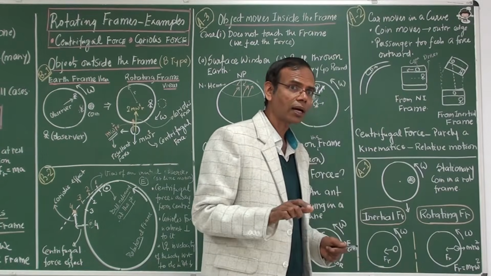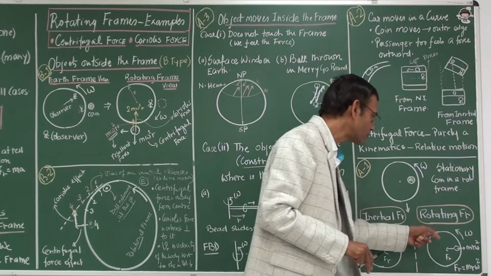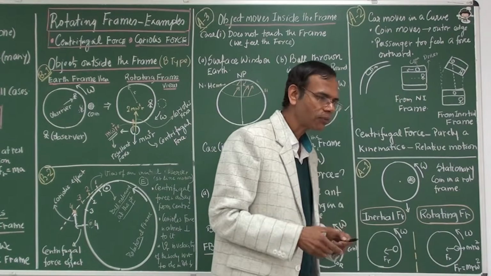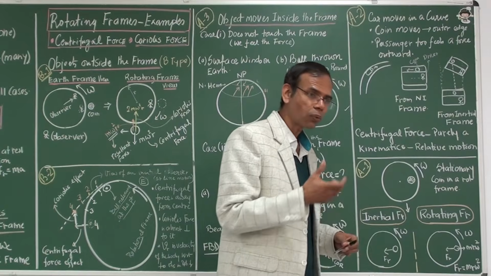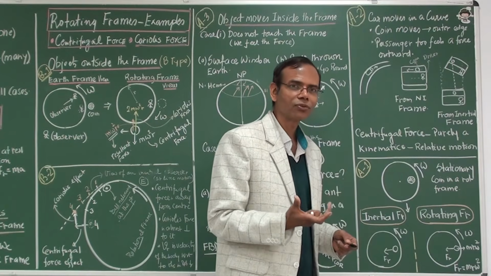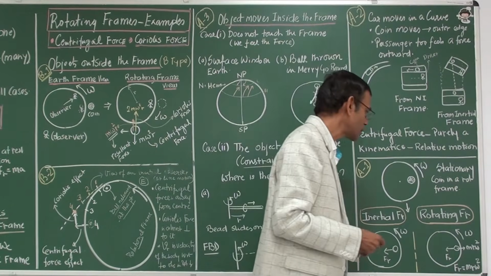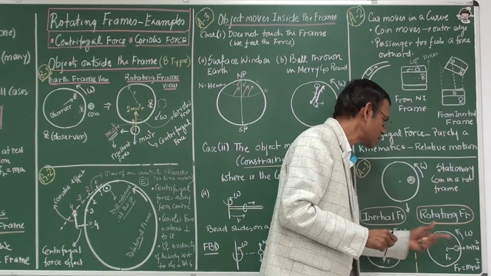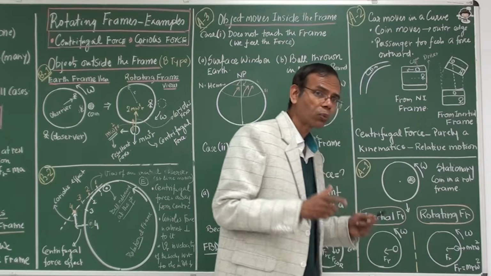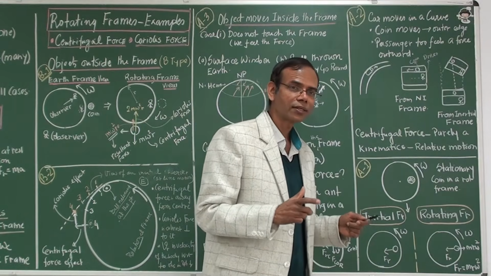But that is not our aim of study. Our aim of study today is to feel what actually the centrifugal force is. This is what we have seen in the text, and that is perfectly fine, it is mathematics. But what actually is the centrifugal force?